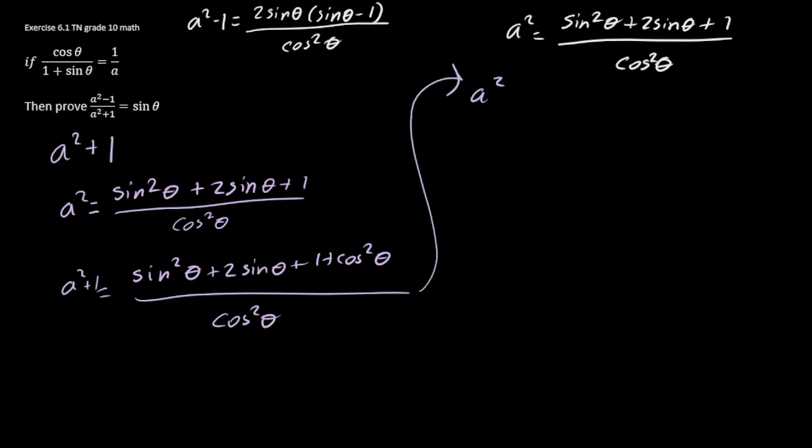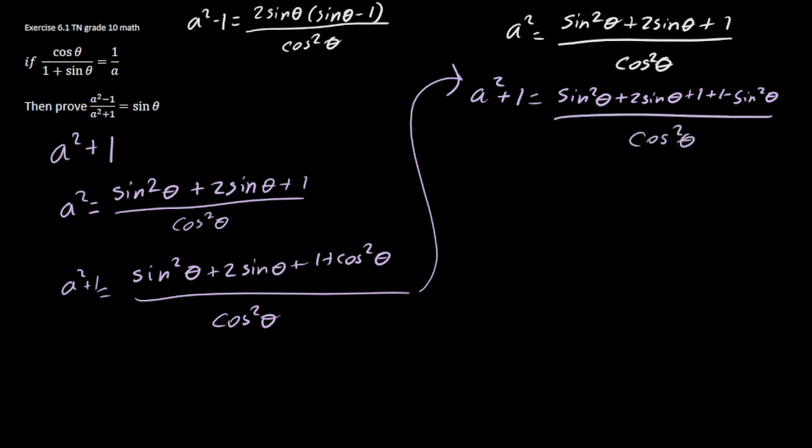A squared plus 1 is equal to sine squared theta plus 2 sine theta plus 1, and we can replace cos squared theta with 1 minus sine squared theta to get everything in sine theta. So sine squared theta plus 2 sine theta plus 1 plus 1 minus sine squared theta, all over cos squared theta. And we can cross these two out because it's positive sine squared theta and negative sine squared theta, so that just equals 0.